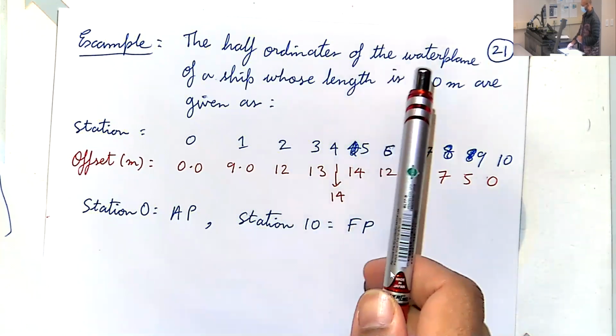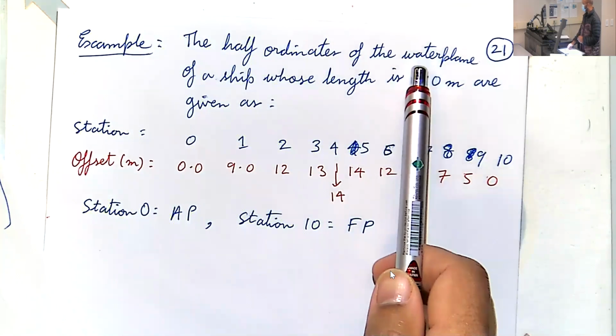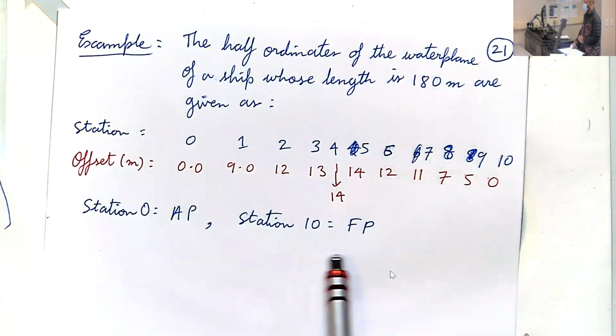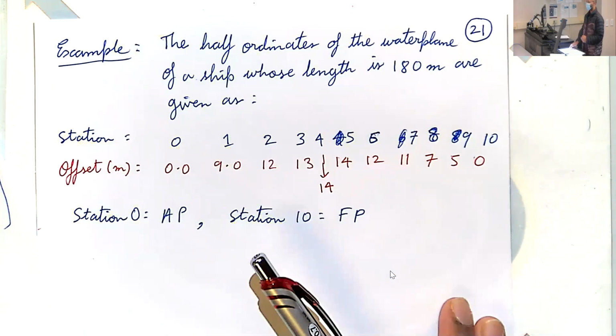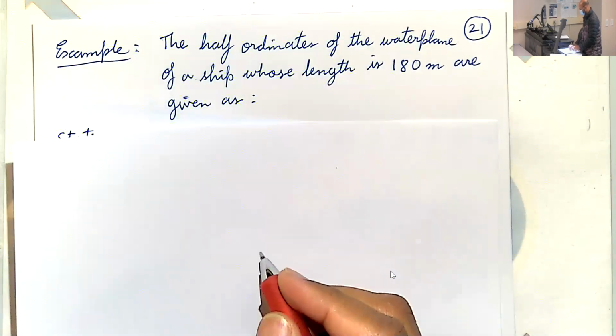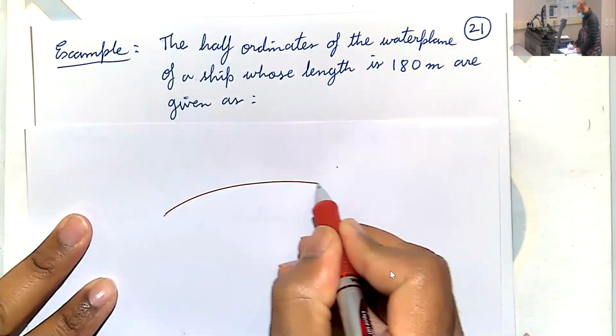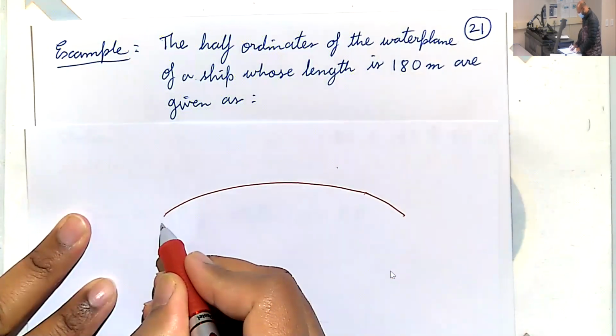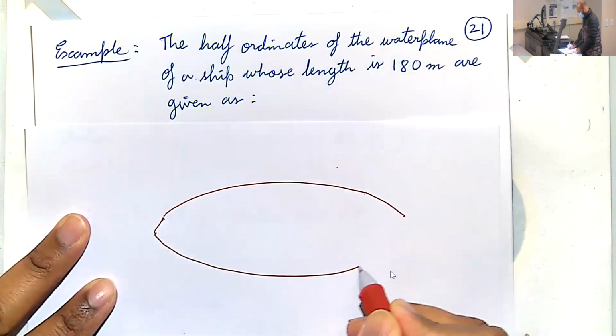So let's look at what the water plane is. These coordinates describe the water plane in some way. Let's draw a sketch of a water plane. Looking at it from the top, roughly this is what it would look like, right?